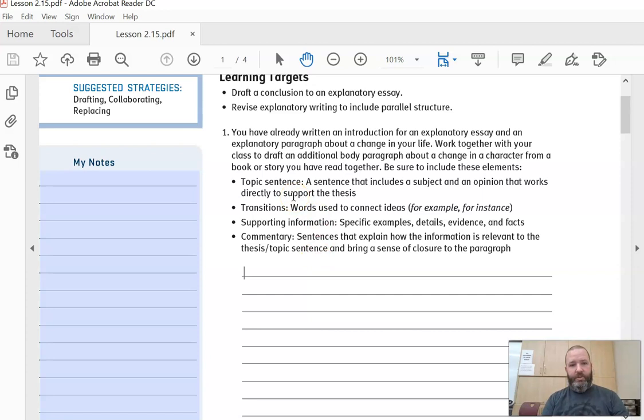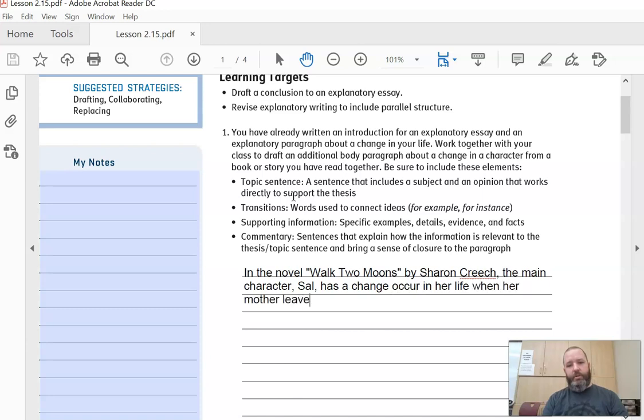So it says to first start with a topic sentence. So in the novel Walk Two Moons by Sharon Creech, the main character, Sal, has a change occur in her life when her mother leaves and doesn't come back.